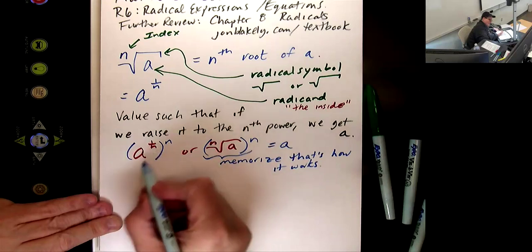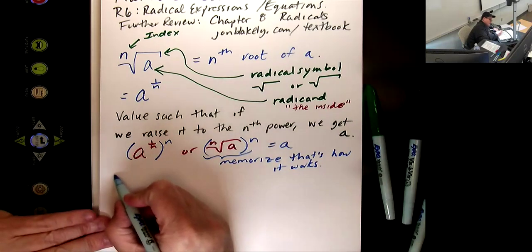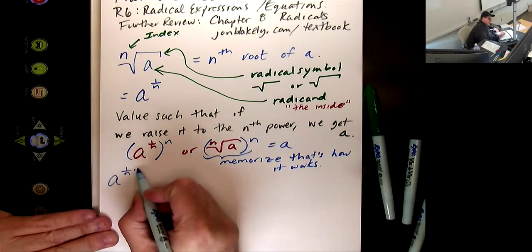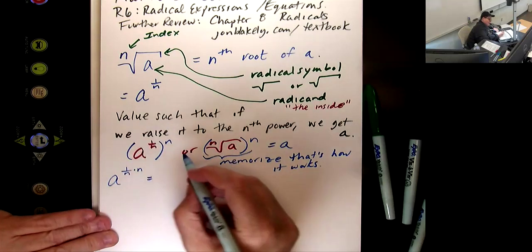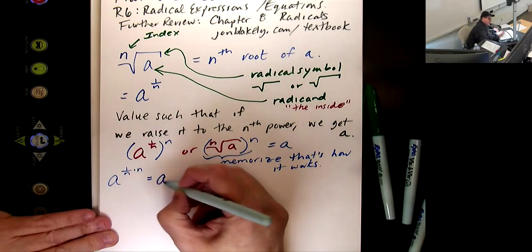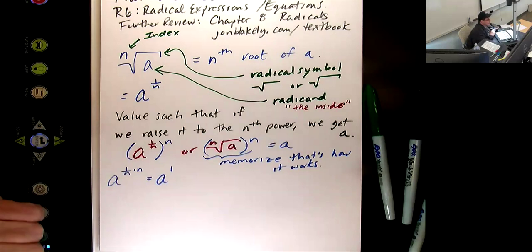This one, we can do the math. We know the rules of exponents are multiply when it's like that. And 1 over n times n is just A to the first power.